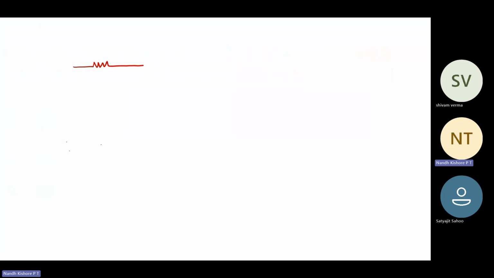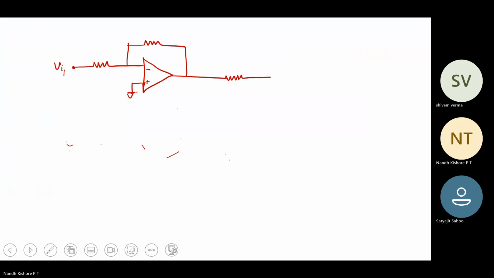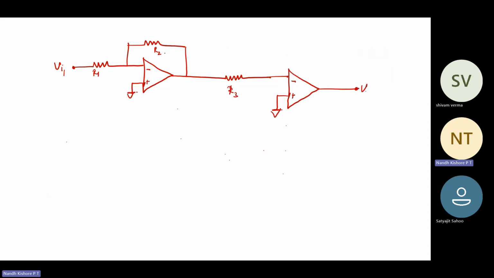So you have R1, R2, this is R3, and R4. This is your V0.